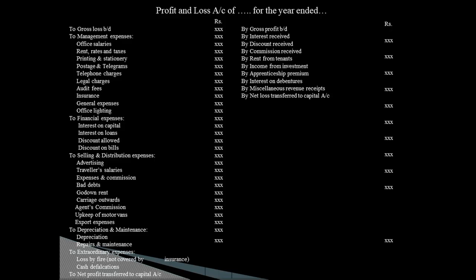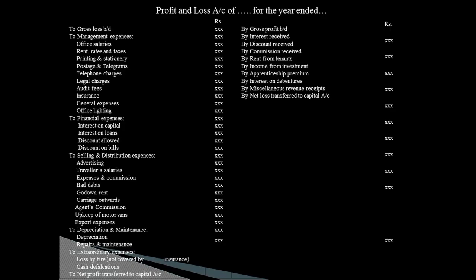Then on the credit side of the profit and loss account, we have to write the incomes which are relevant to the business. A few examples are interest received, discount received, commission received, rent from tenant, income from investments, interest on debentures, and miscellaneous revenue receipts.